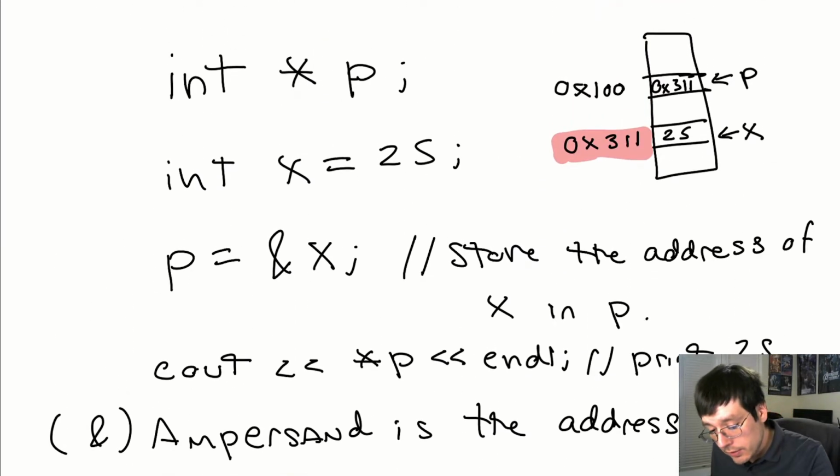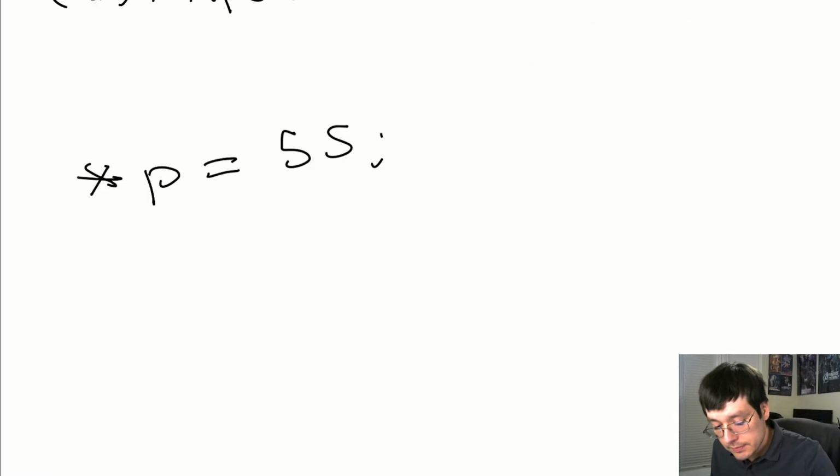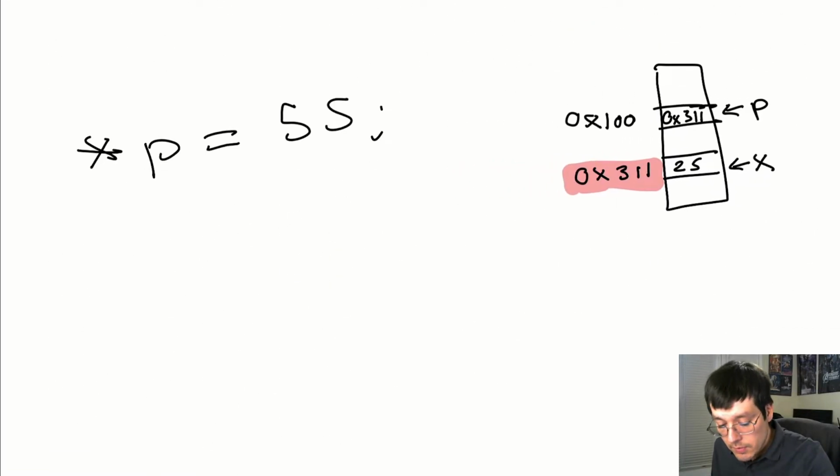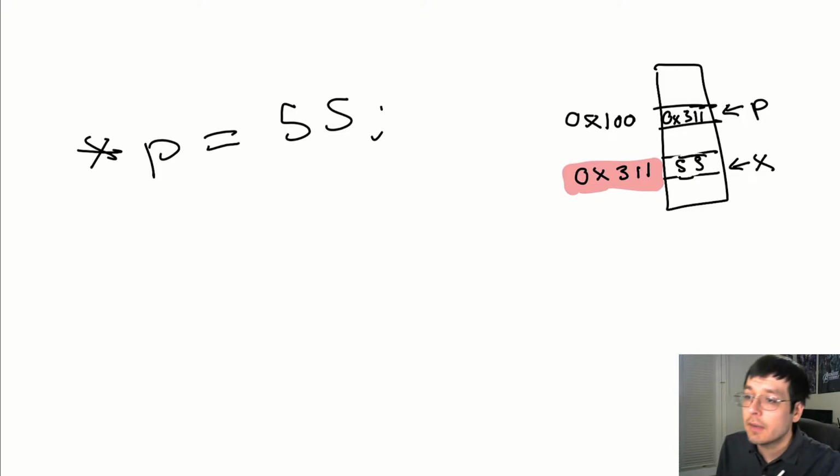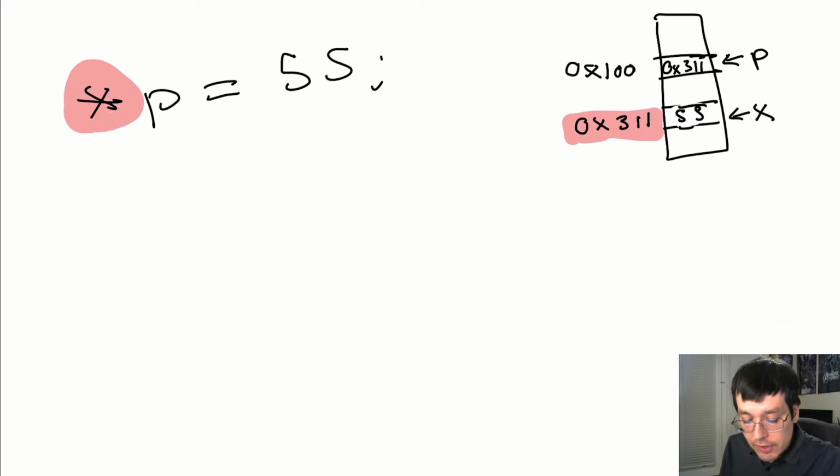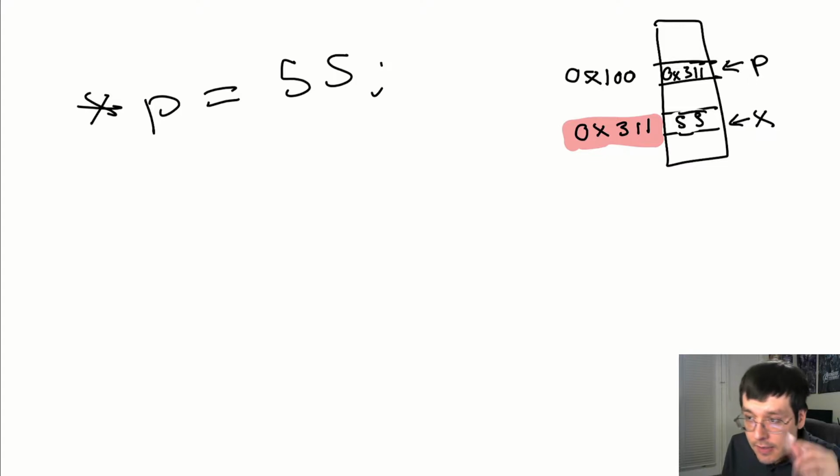So from this, in fact, let me just copy and paste this. What this line of code is going to do is it's going to replace the 25 with a 55. So I'm saying, what's P holding? Well, P's holding 311. Okay, well, because the asterisk is here, I want you to dereference that. So go to that address of 311, go there, and then set whatever is there to 55.